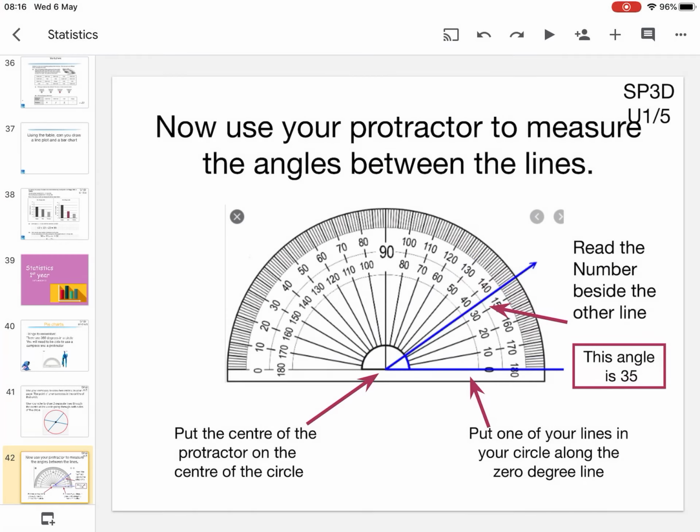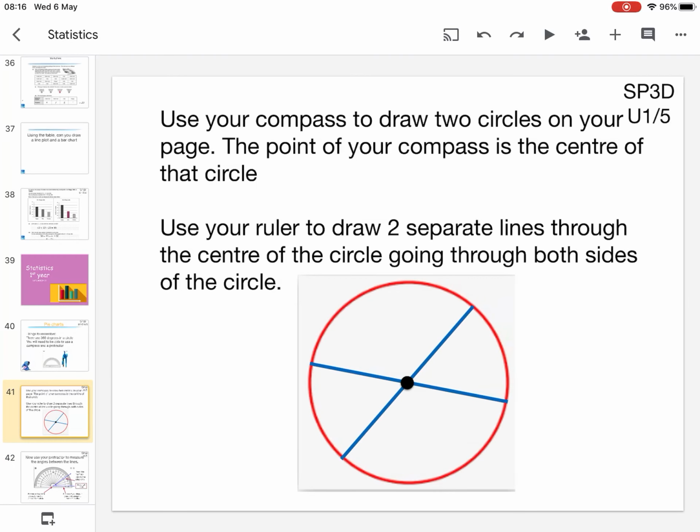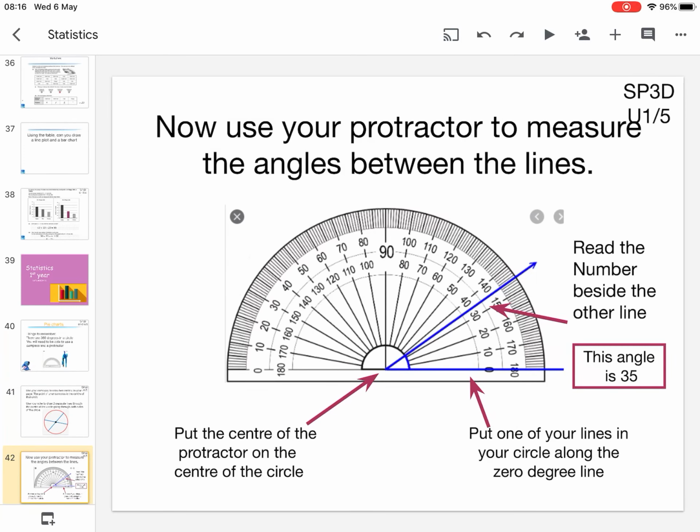So if I go back to the previous one, I have made several kind of V shapes here. So 4 different V shapes inside that circle. I'm going to put the center of the protractor on the black dot, and have one of the blue lines going out the 0 degree line. The next thing then is that I have the other blue line going up through the protractor at another part, and I check and see what number that's at.